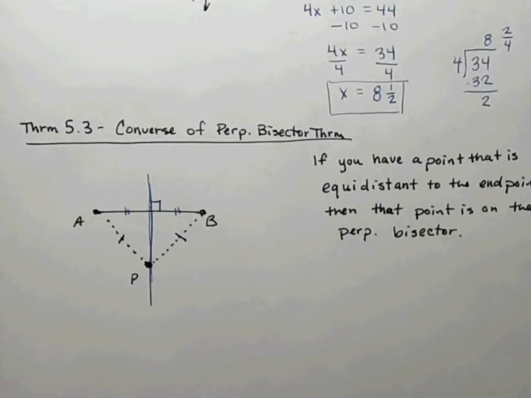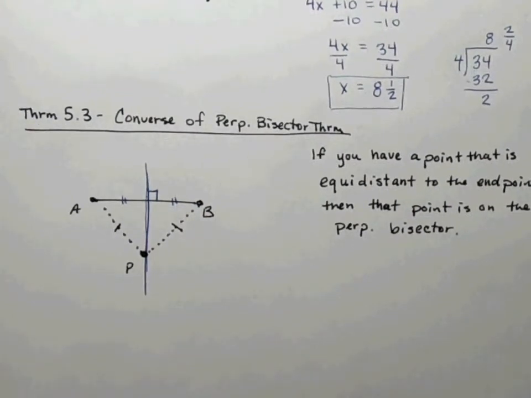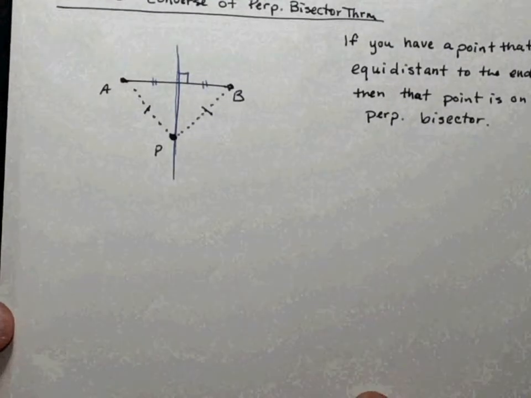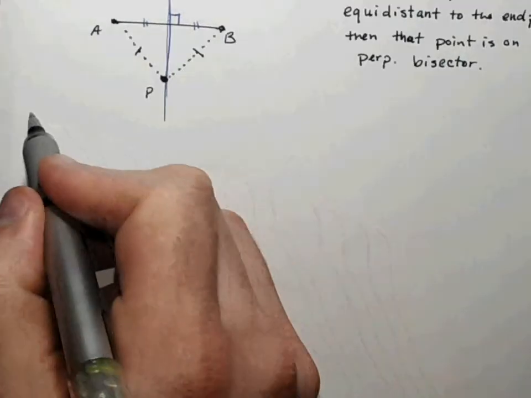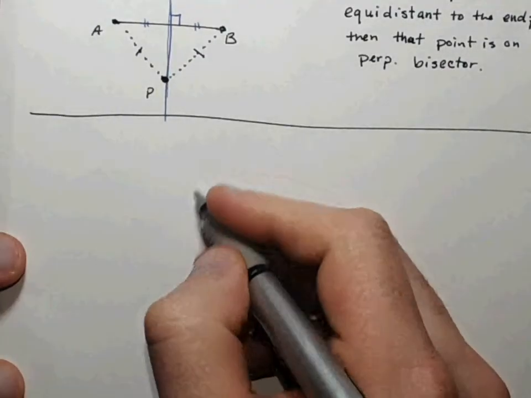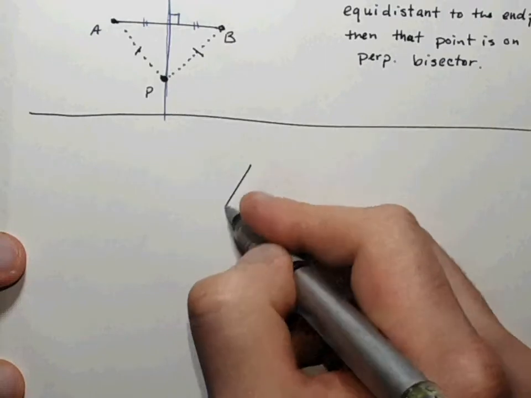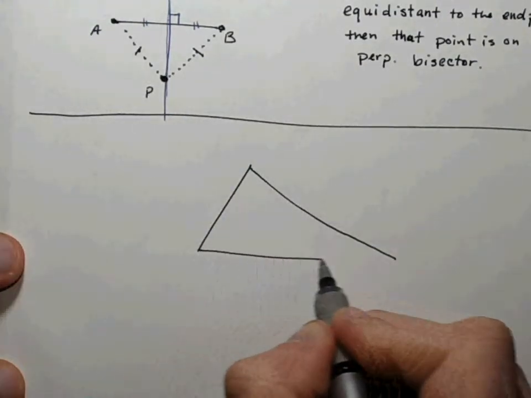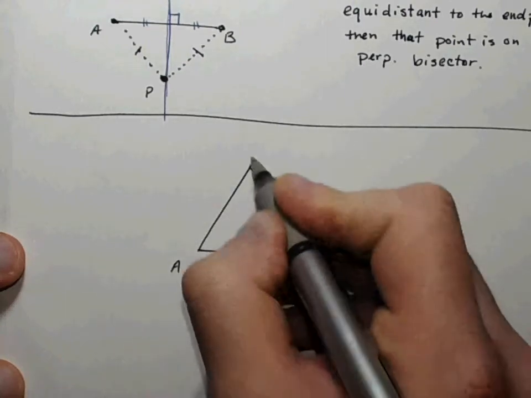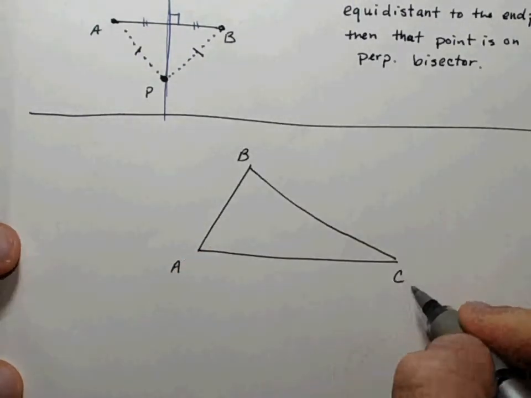So, what we are going to do with perpendicular bisectors, you'll see how we're going to use them. What I want you to do is draw a triangle that looks like this. Something like that.